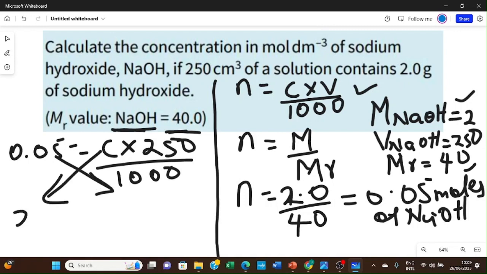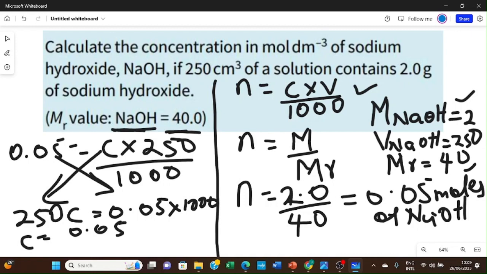250C is equal to 0.05 multiplied by 1000. So to get your concentration, it will be equal to 0.05 times 1000, divided by 250, which is the volume, once you cross multiply.